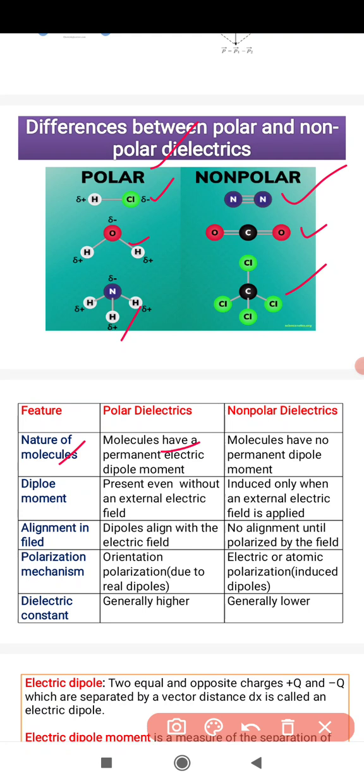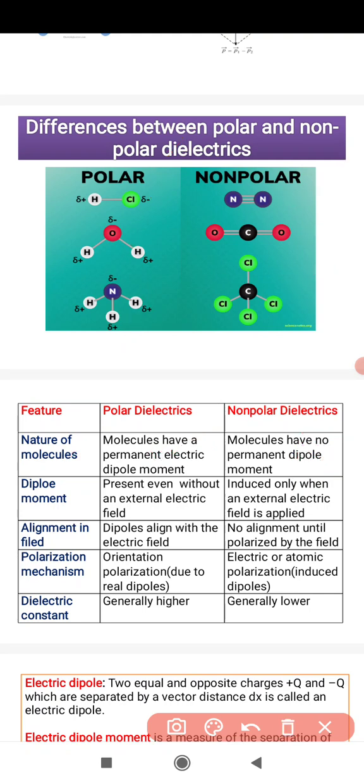Non-polar molecules have no permanent dipole moment, that is, in the absence of an electric field, they have zero dipole moment.